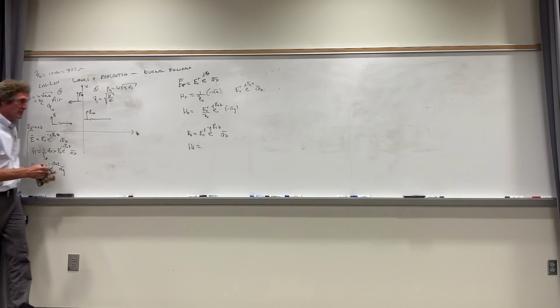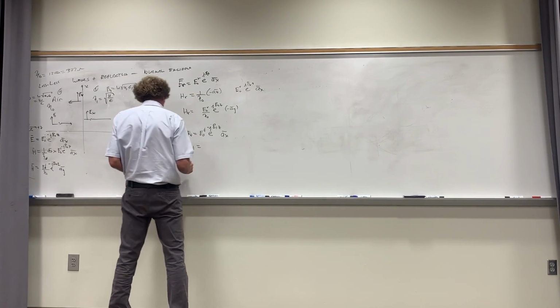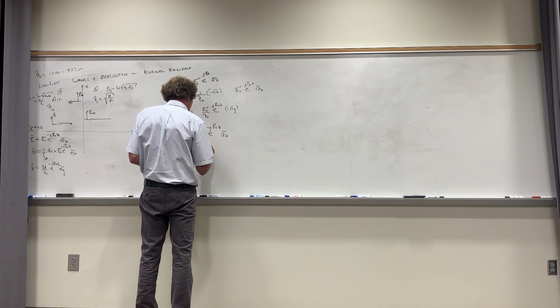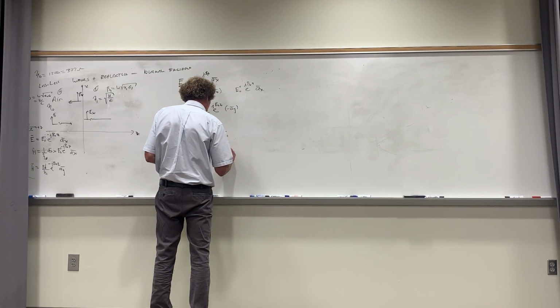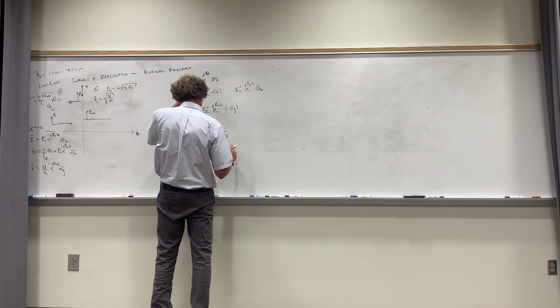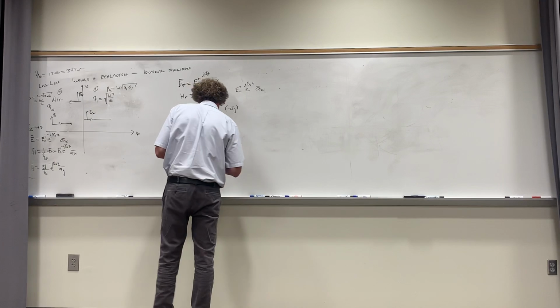It'll still be in the AY direction. So this is going to look just like that, except now it's E naught transmitted over eta 1, not eta 0. And it's e to the minus j beta 1 z in the AX direction, or I'm sorry, AY direction, pardon me. AY direction. Okay?